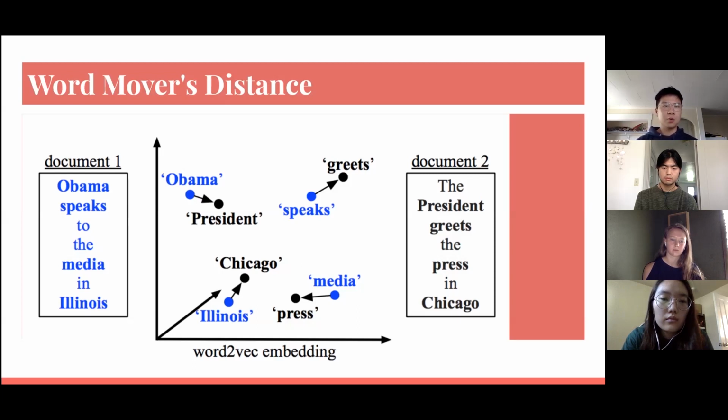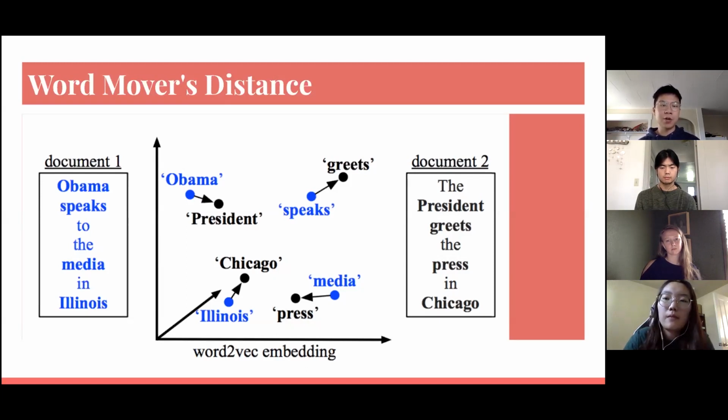So in word mover distance, we can actually see how closely two words are related to each other in a vector space. The example that I have is based on word-to-vec embedding. In word-to-vec embedding, we can vectorize each of the words, and by having such a model, we'll know how close they are to each other in the vector space.